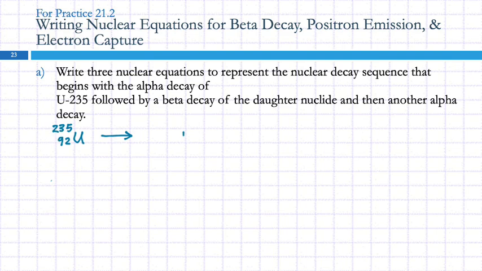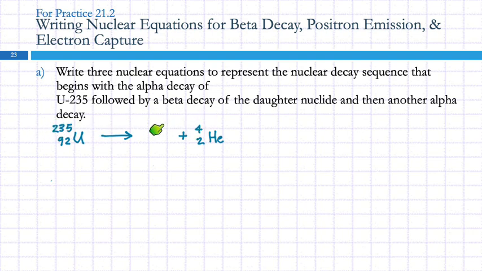So I'm going to leave a space there, and then we need the nuclear symbol for an alpha particle, which is what? It's helium, right? Helium, mass number of 4, atomic number of 2. Okay? So then we're looking for some missing numbers here. This side is 235.